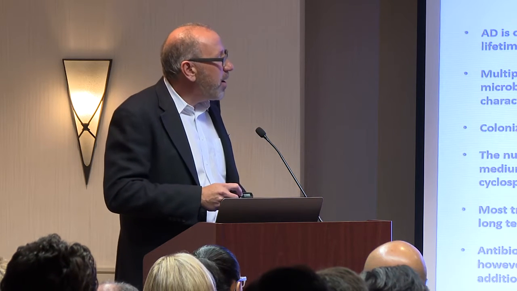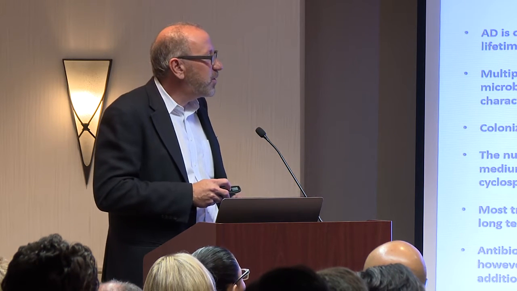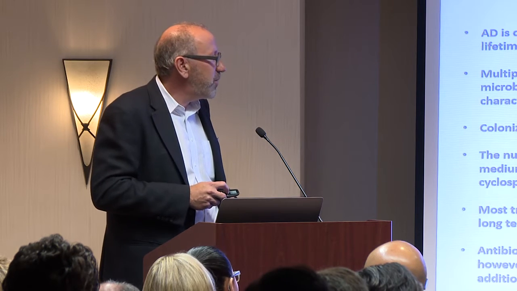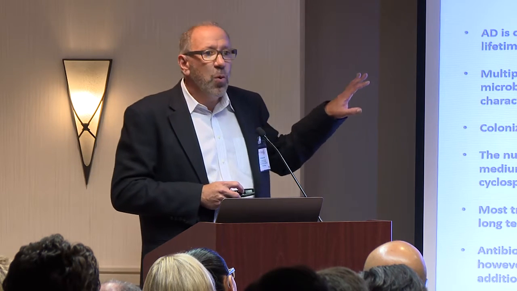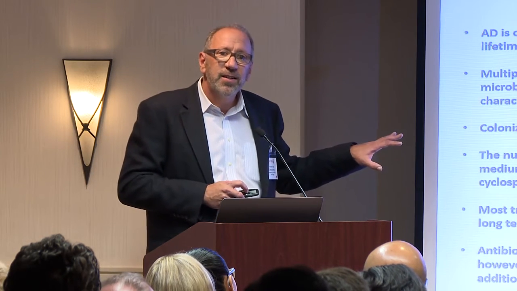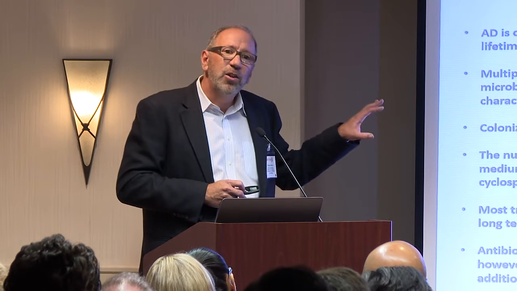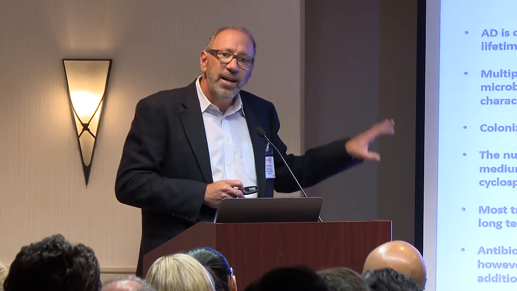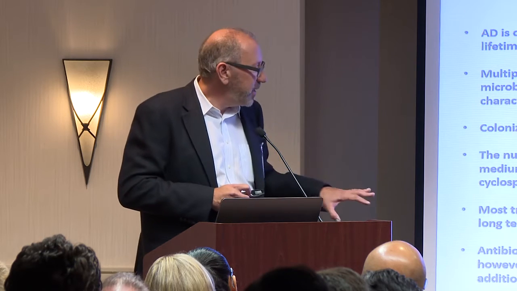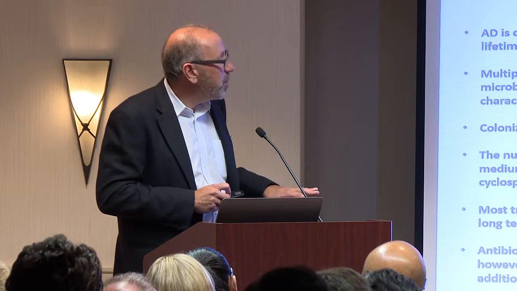A big problem with atopic dermatitis is that it's frequently colonized by Staph aureus, and in fact, there's quite a bit of preclinical evidence to suggest that even the lowest levels of colonization drive this disease. So I'll talk more about that in a minute.